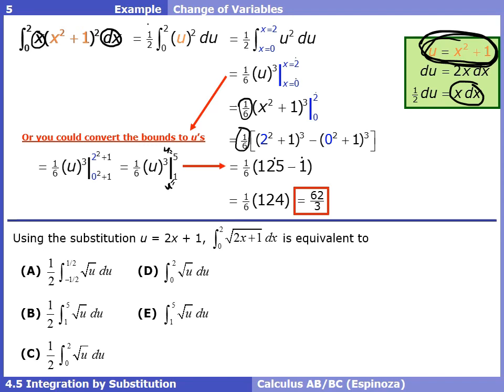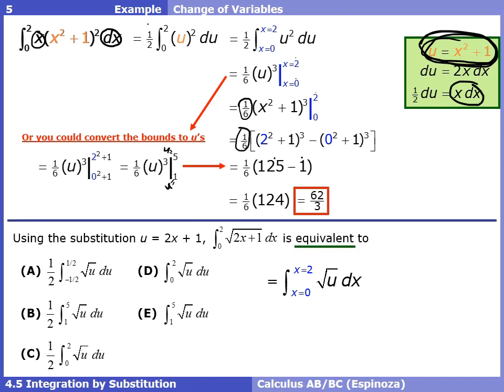So in this problem right here, which is multiple choice, they're telling us what the substitution is. They're telling us u is going to be 2x plus 1. So if we change our problem to be that, it's just going to be the square root of u dx. But to emphasize, that x of 0 and that x is 2 for our upper and our lower bound. So here's the thing.